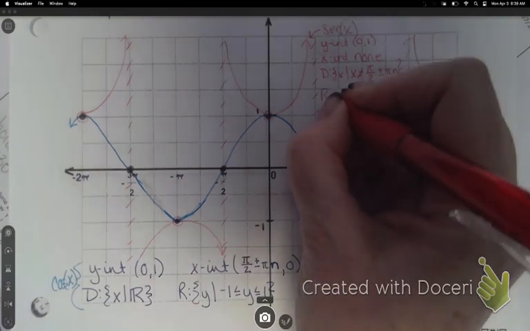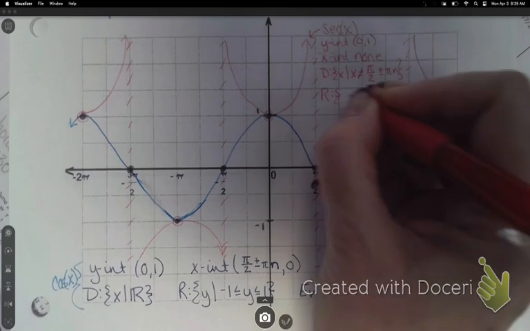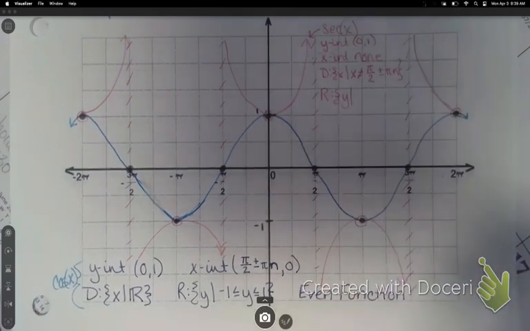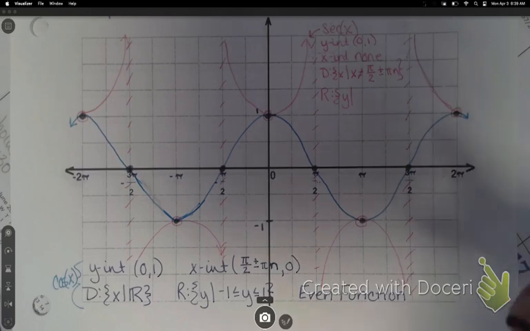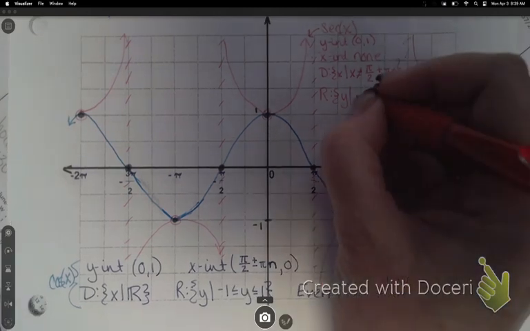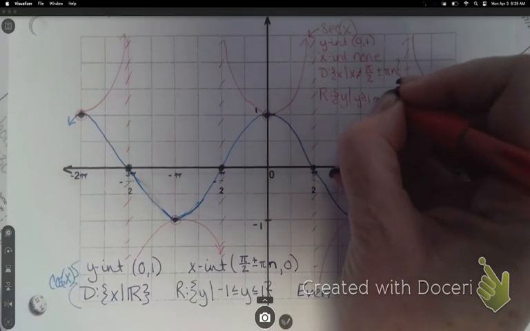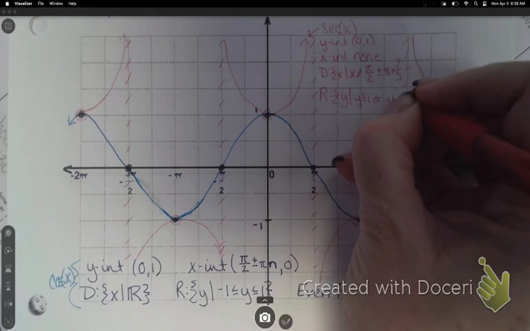What about its range? The same as cosecant? Yep, it is the same as cosecant. So y is greater than or equal to 1 or y is less than or equal to -1?